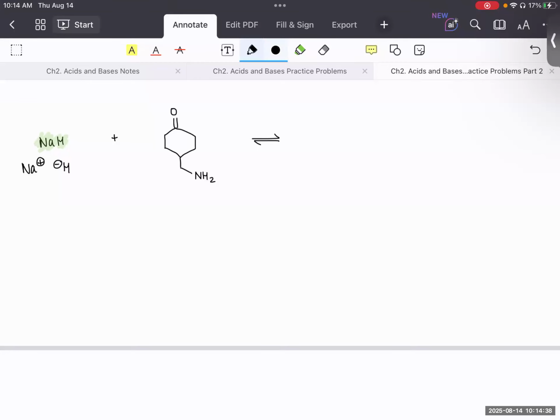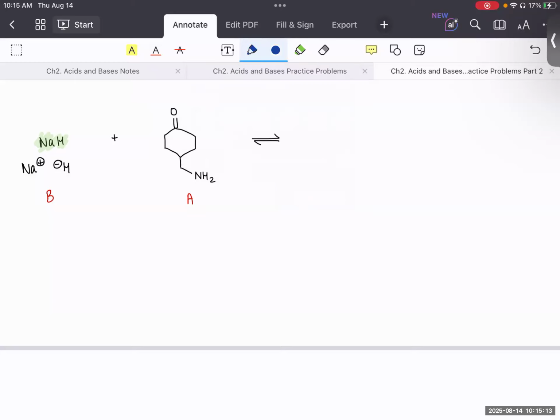And we don't really see hydride a lot. We very rarely see that within organic chemistry. Especially in general chemistry, we're used to seeing H plus. However, this is one of the few exceptions where we'll actually end up having a lone pair on a hydrogen. And so in this case, this acts as the base instead of the acid because we have that negative charge on the hydrogen. And so again, whenever you see sodium hydride, you should be able to recognize that as being the base. And so that means that this is the acid.